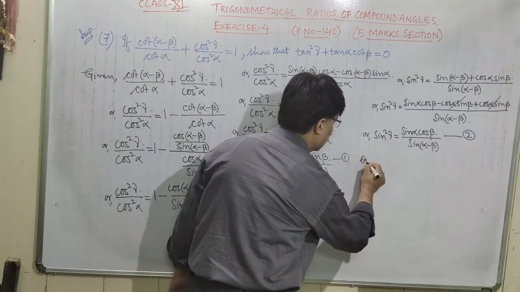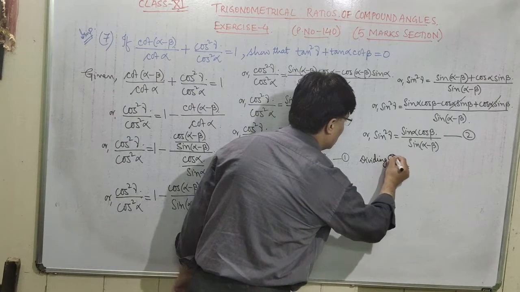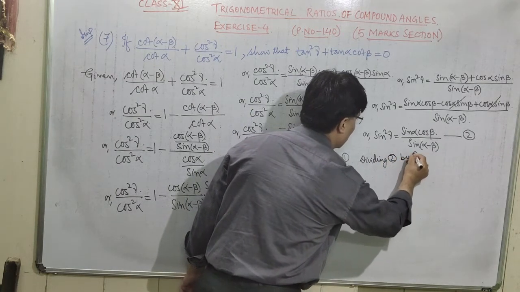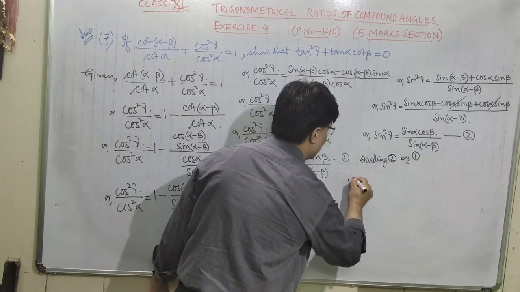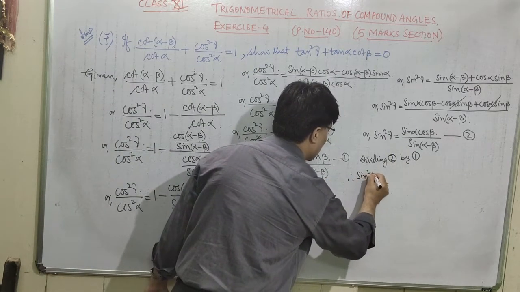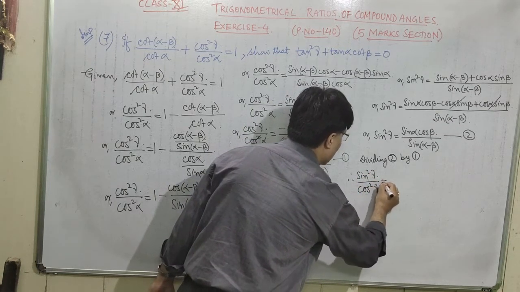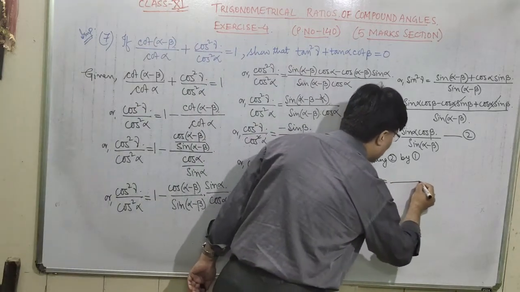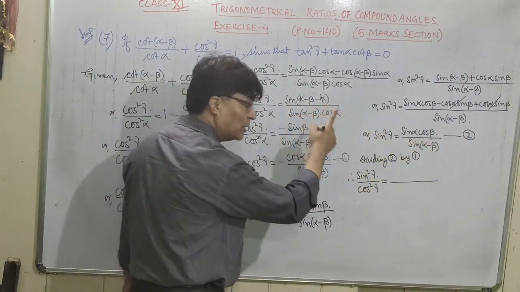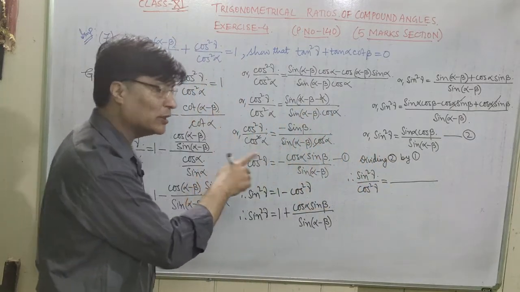So let us write here, dividing 2 by 1, what do we get? Therefore, sine square gamma divided by cos square gamma is equal to. Now write down the right hand side of number 2 in the numerator.